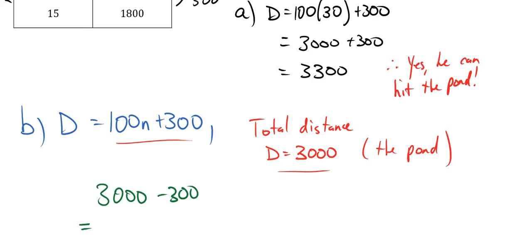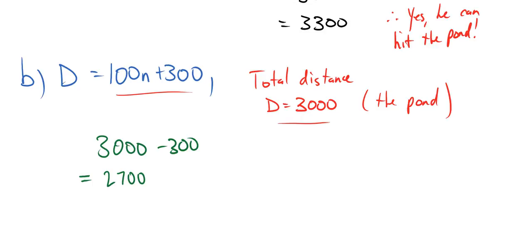Right. 3,000 minus 300, which is what? 2,700, yep. And what do I do with the 2,700, Ethan? So now I take that 2,700 and divide it by 100, which gives me what?